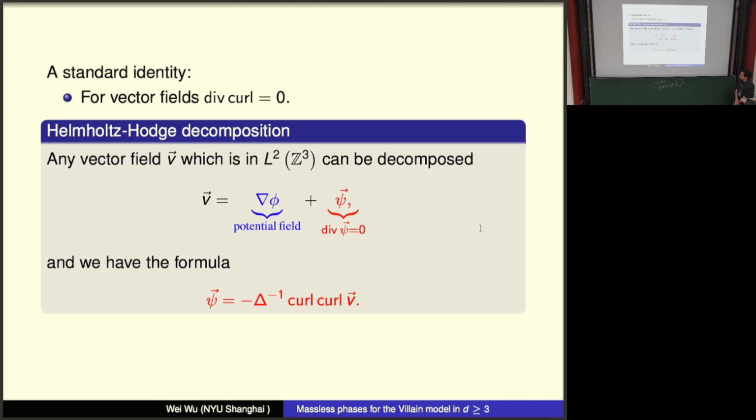And the divergence-free field you can actually solve for, because the potential part is curl-free, using the formula at the bottom. In fact, this is an orthogonal decomposition because when you square it, one term is divergence-free, so the cross term is going to vanish.